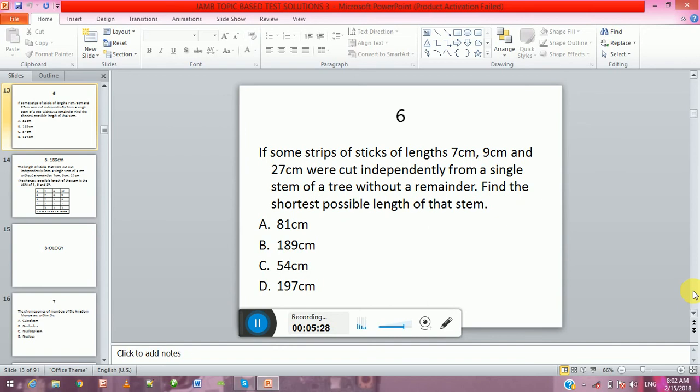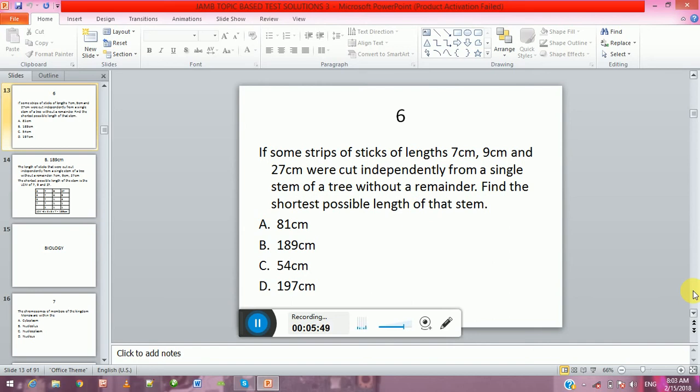Now, number 6. If some strips of sticks of length 7 cm, 9 cm, and 27 cm were cut independently from a single stem of a tree without a remainder, find the shortest possible length of that stem.